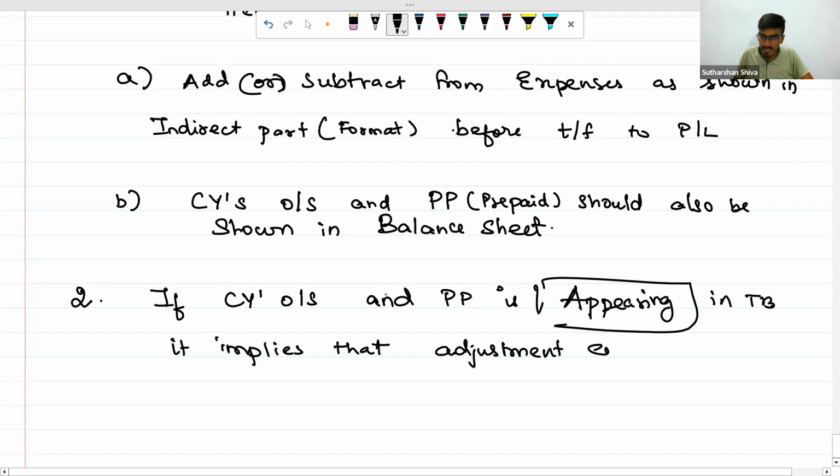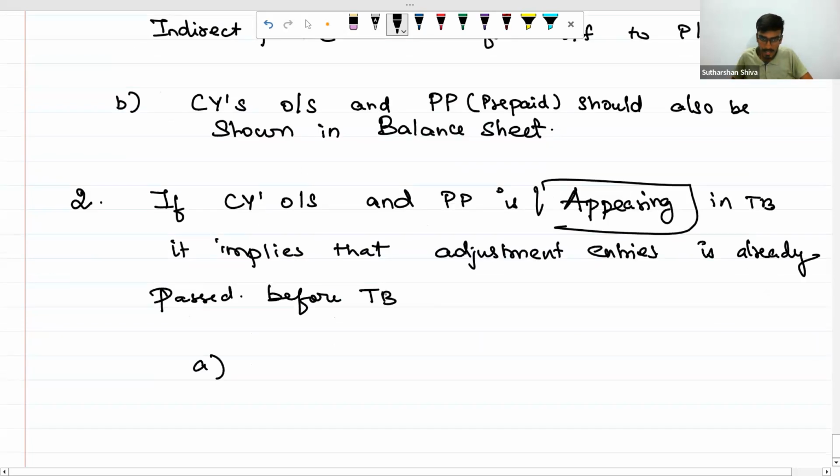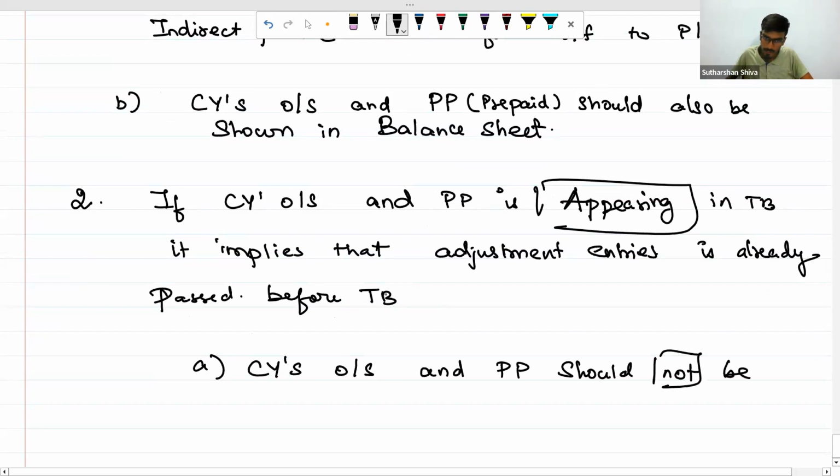That is, the adjusting journal entries and ledger have already been passed before the trial balance is prepared. In those cases, any current year's outstanding and prepaid should not be added or subtracted as shown in the format.